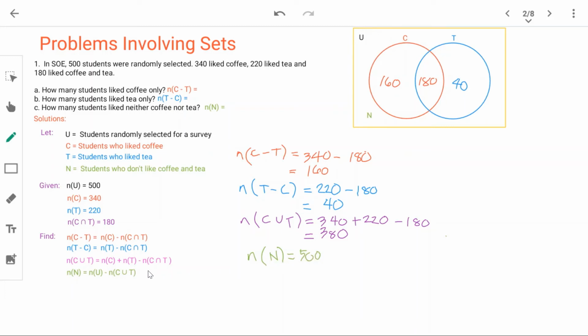Okay, then minus the number of students who like coffee or tea or coffee and tea, which we have previously solved, which is equal to 380. So 500 minus 380, and the subtraction is equal to 120. Okay, so n is 120.